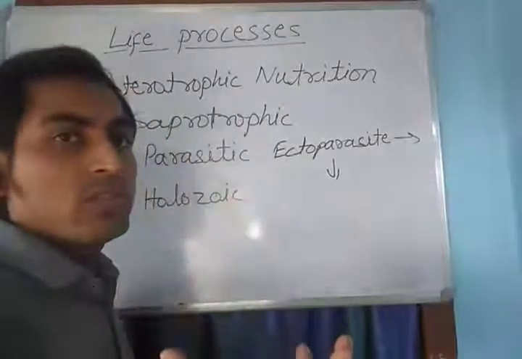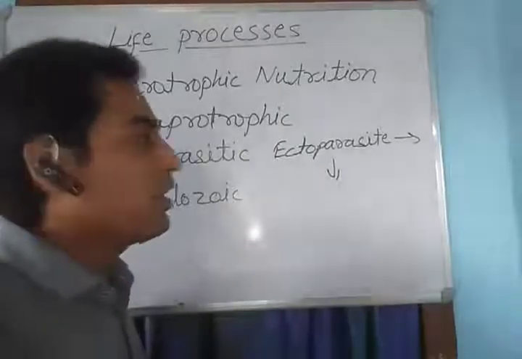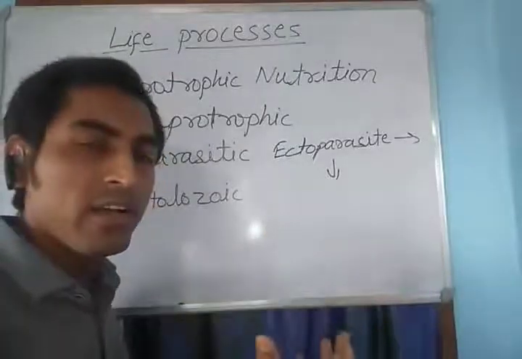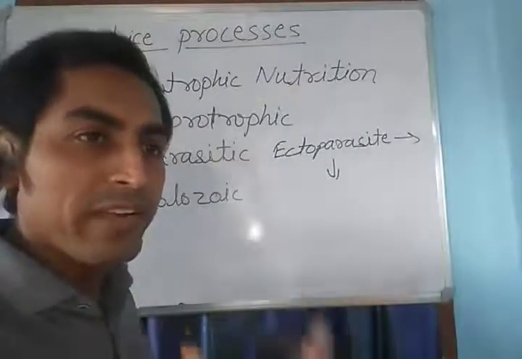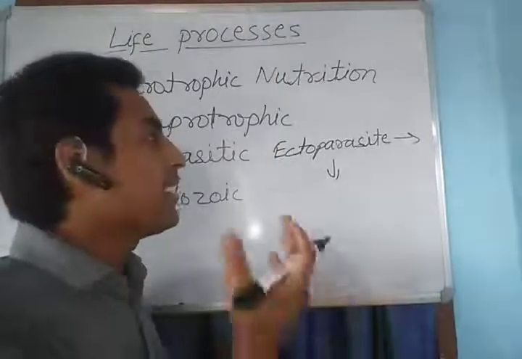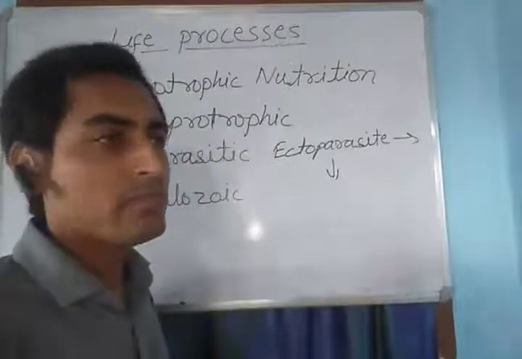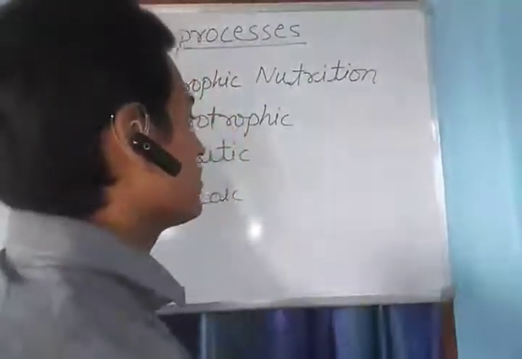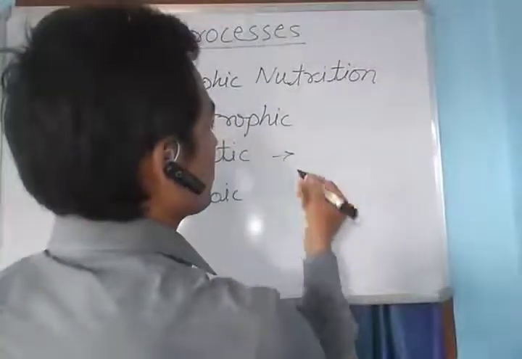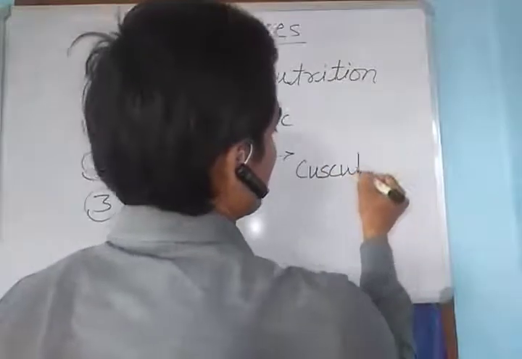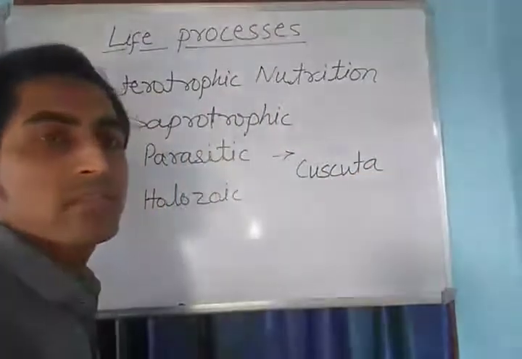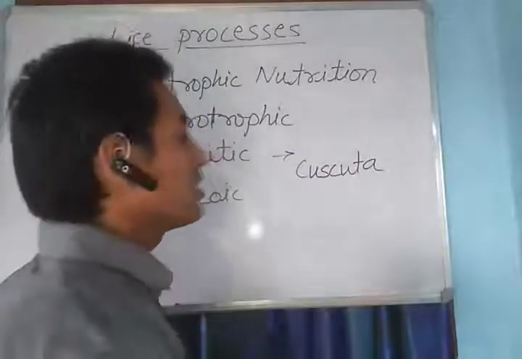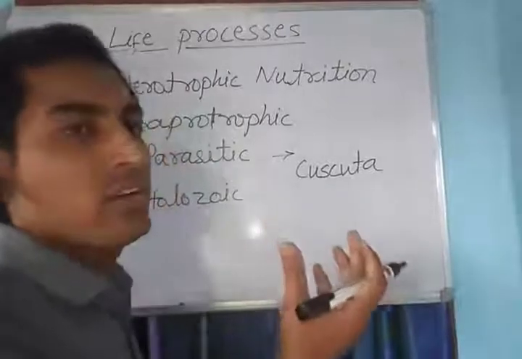If we talk about plants, they also have endoparasites, like some fungi and bacteria that remain as endoparasites in plants. When we talk about external parasites, a very good example is Cuscuta. It is an external parasite and a total parasite that gets food and shelter from the plant.